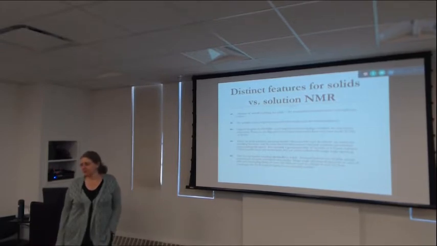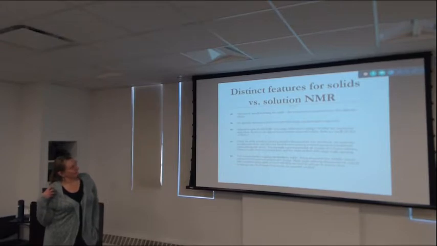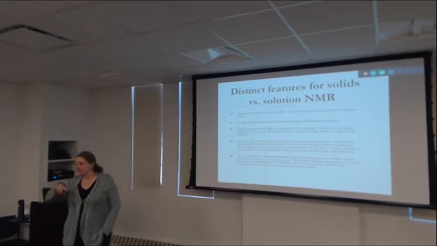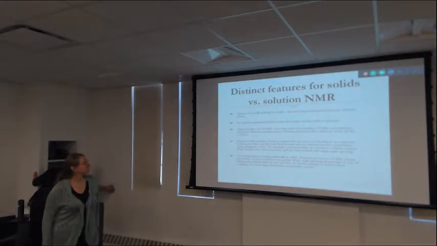And if there's no fast overall tumbling, then practically speaking, we're going to call that a solid. It's not the same definition of solid that a solid state physicist would use. It's just our definition. And in liquids, it's got to be actually fast. You know, a microsecond's not going to cut it. We want something that's low nanosecond to picosecond, and then you get beautiful spectrum, right?